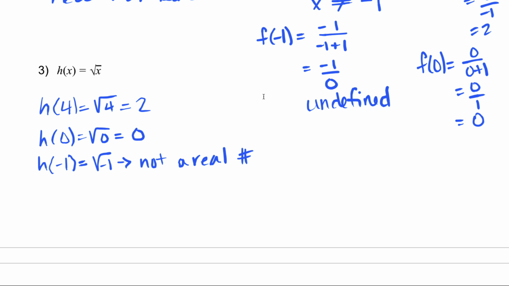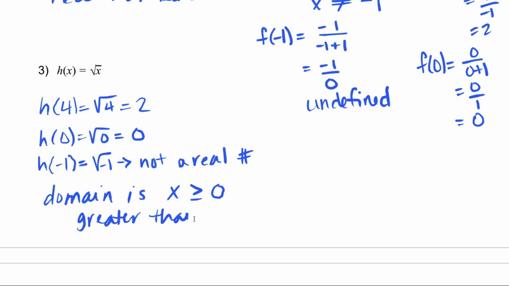It is a number, just not a real number. And right now we're talking about real valued functions. So we need to describe this domain as being any number greater than or equal to 0. So the domain here is when x is greater than or equal to 0. Or you can describe it verbally and say greater than or equal to 0.